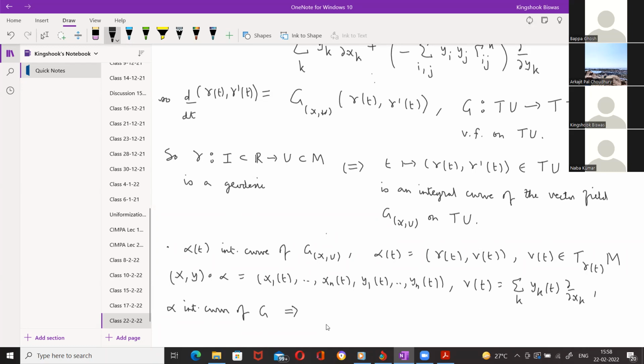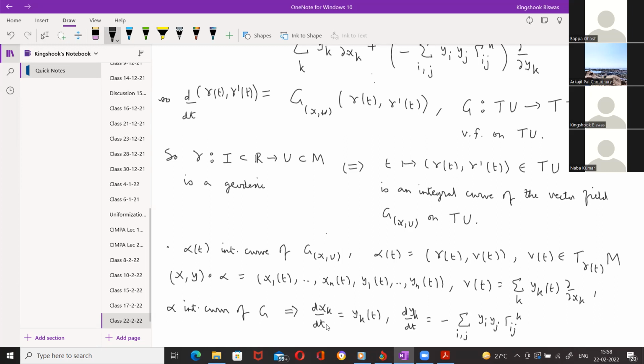So in particular, it implies that dx^k/dt is equal to y^k(t), and dy^k/dt is equal to minus the sum over i,j of y^i y^j Γ^k_{ij}.